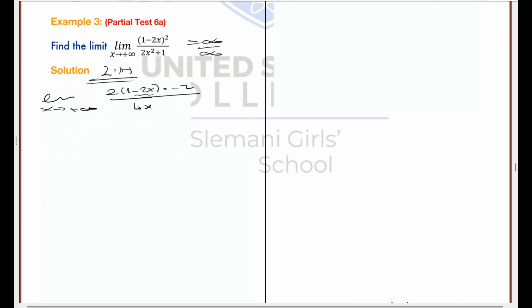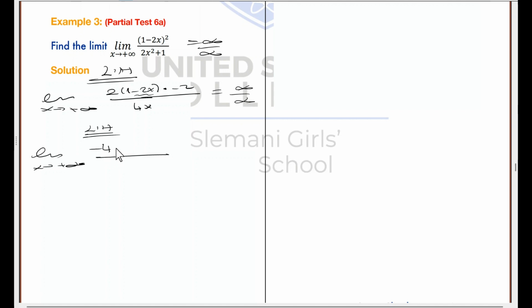Do I have the same situation? Do I have infinity over infinity again? Yes, I do actually. So I have to do L'Hopital's one more time. Derivative of top, negative 2 times 2, negative 4.